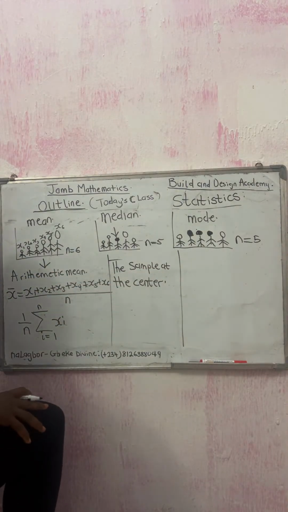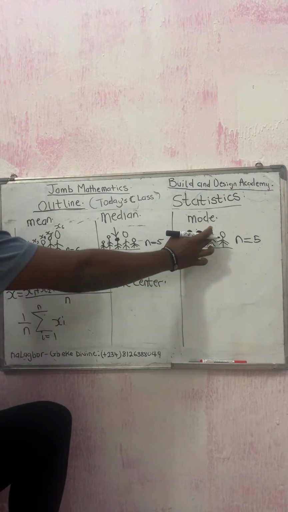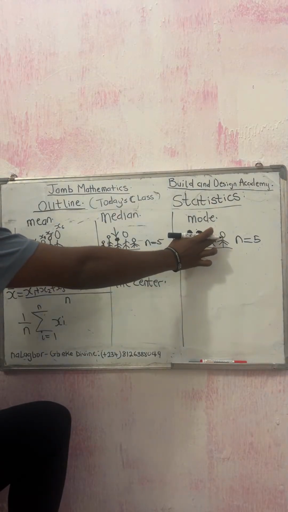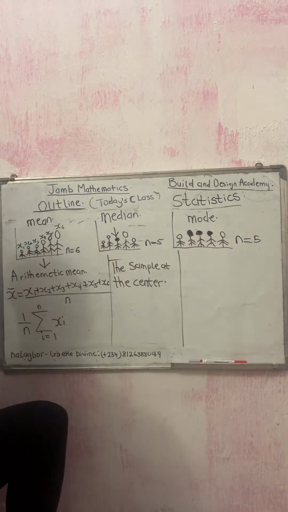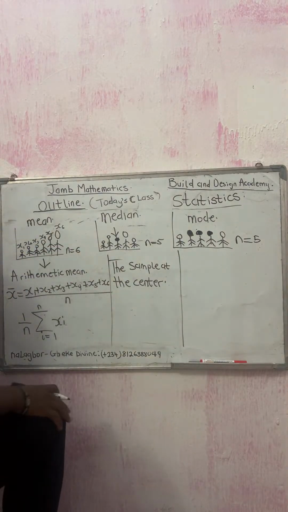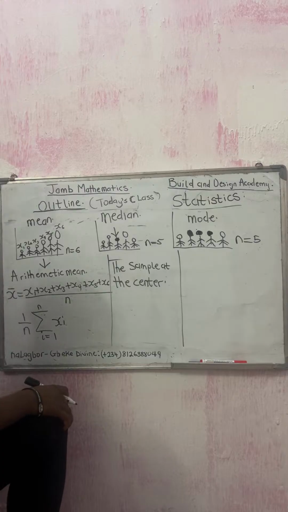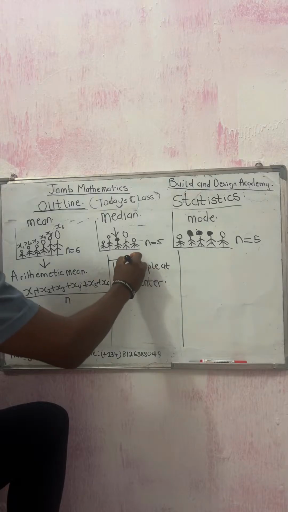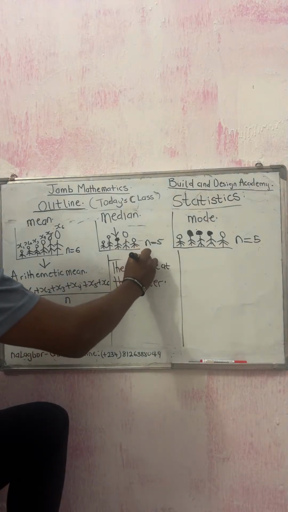Then for mode, if you watch closely, these 3 are identical. So they appear there 3 times. So the mode is the one that has the most frequent appearance. The value that occurs most frequently. Now you can use this sample or you can call it value.